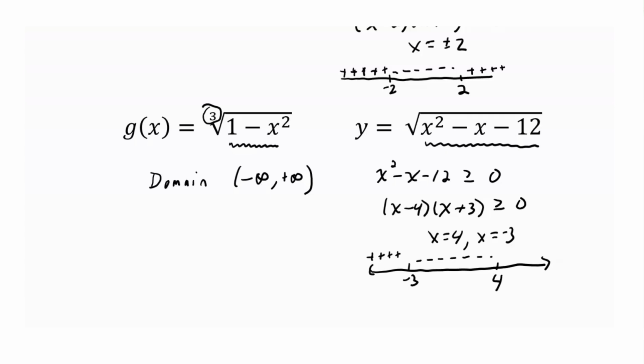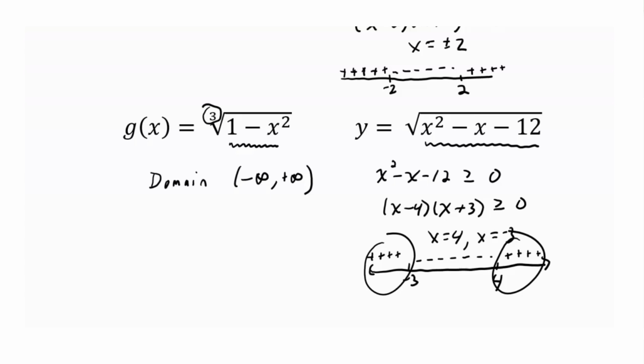If I have a value bigger than 4, if I plugged in, let's say 5, I would get a positive times a positive. So this is good and this is good.